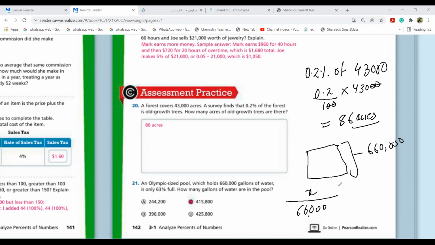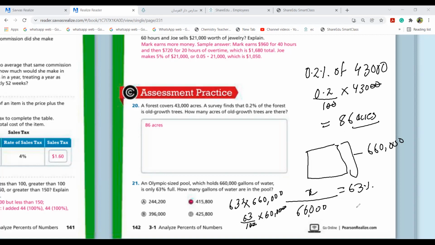And you don't know X. This is 63% full. So how many gallons of water are in the pool? So let us find out. 63% times, that is 63 over 100 multiplied by 660,000.